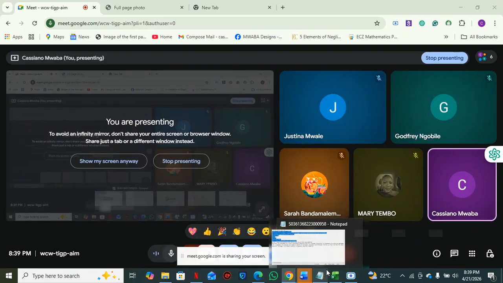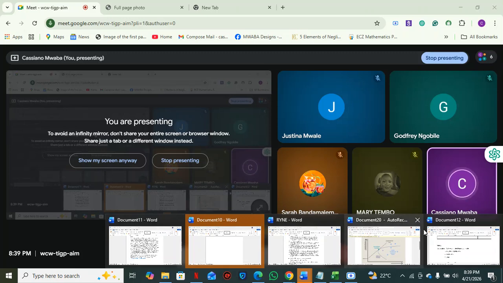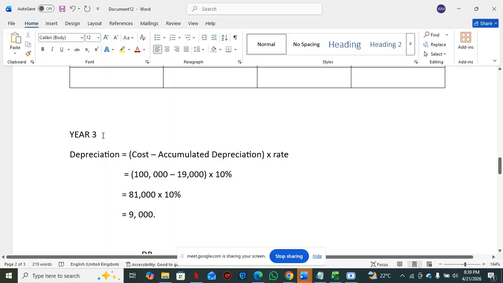Yes, we continue where we left off. We're calculating the depreciation expense for year three. Cost minus accumulated depreciation, 100,000 minus 19,000, you get 81,000. 10% of 81,000 is 8,100.